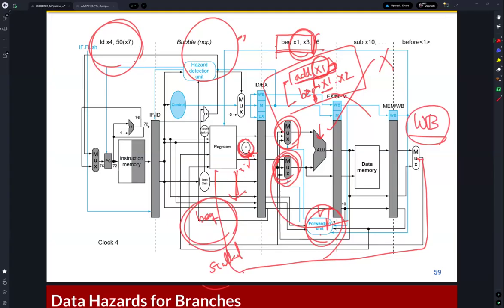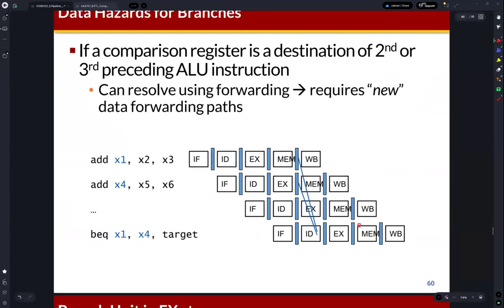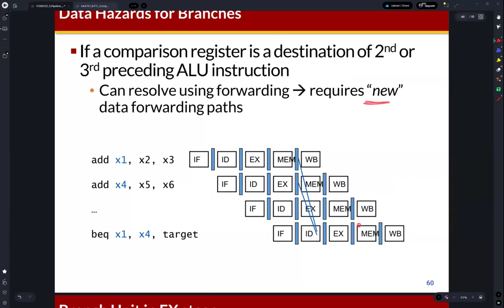You understand? This branch instruction cannot use the data forwarding multiplexers, so it will create the new data hazard. That is the problem.